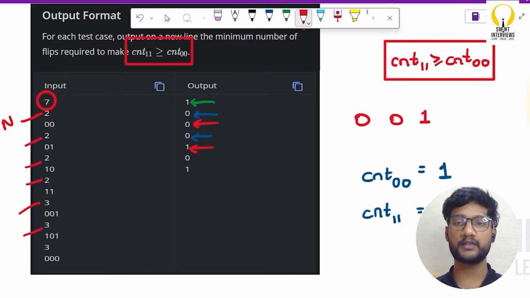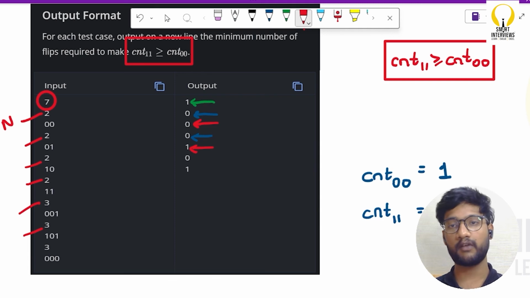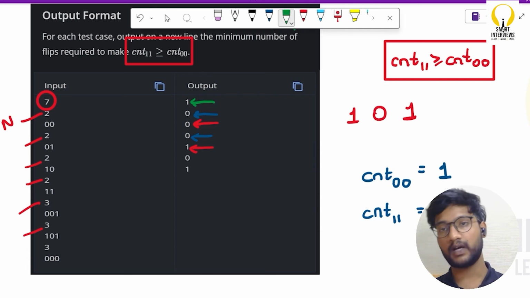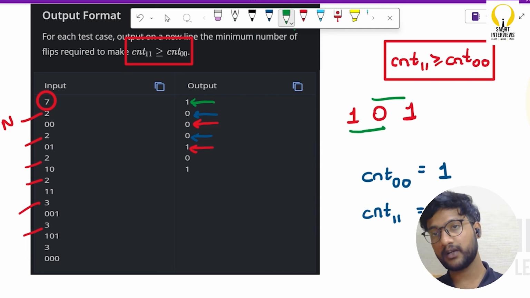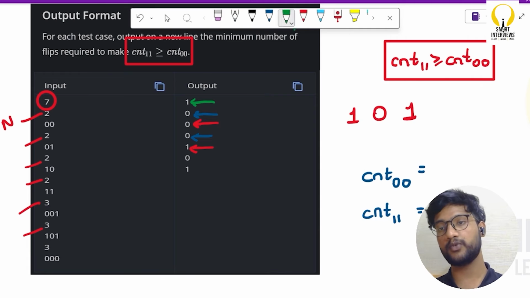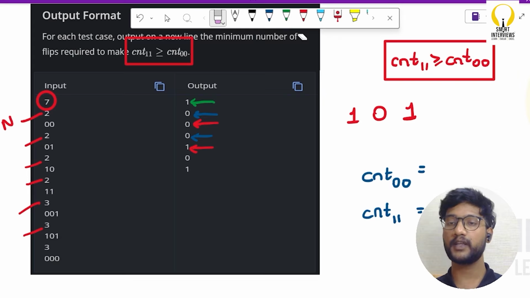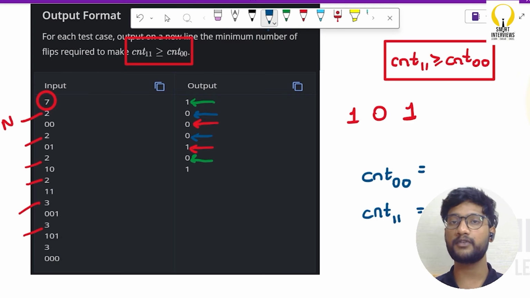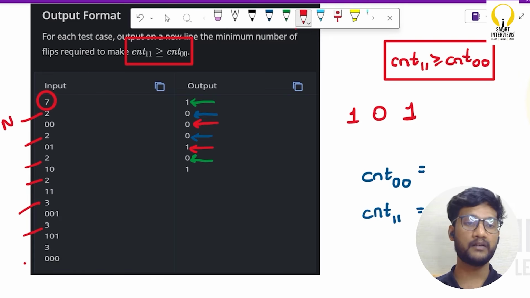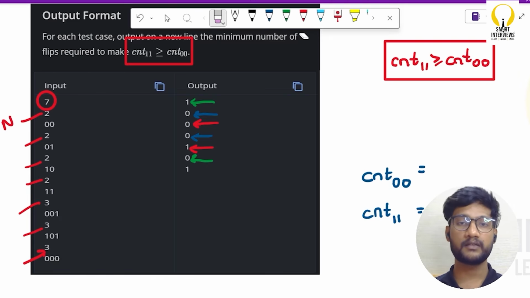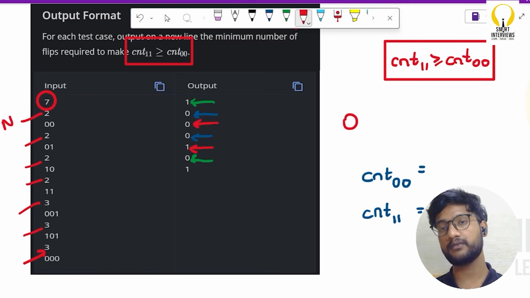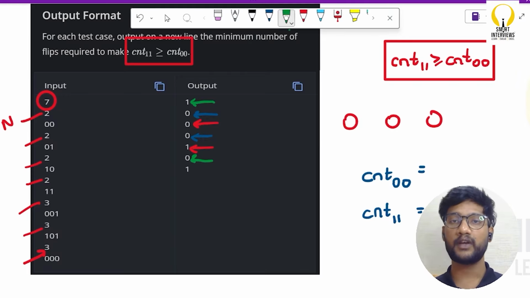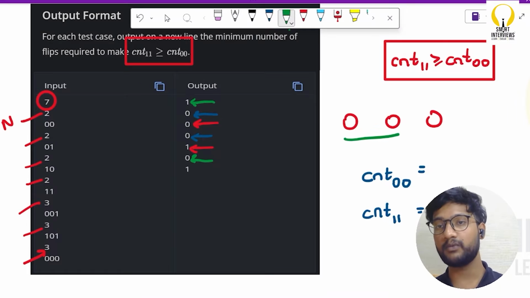And moving to your sixth example, they have given 0 1 0, right? Are there continuous ones or continuous zeros? No. So both counts will be 0 and both are equal. So I'll simply print 0 because I have not done any flips. And the last test case, the n is 3 and we have 0 0 0. You might be thinking that we have only one, right?